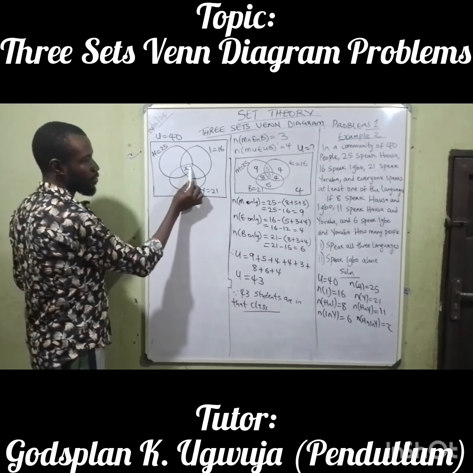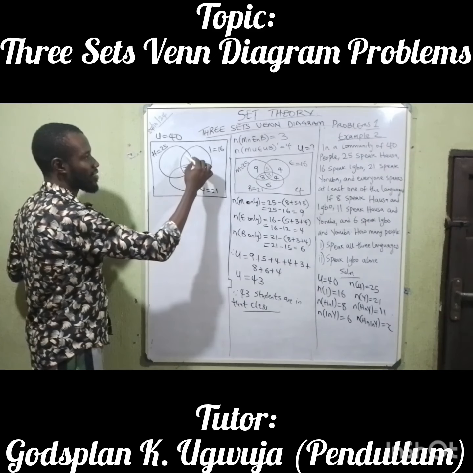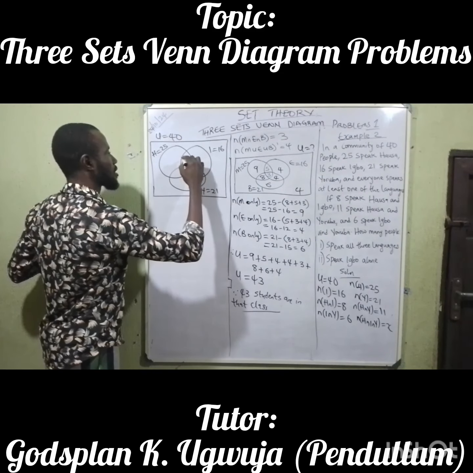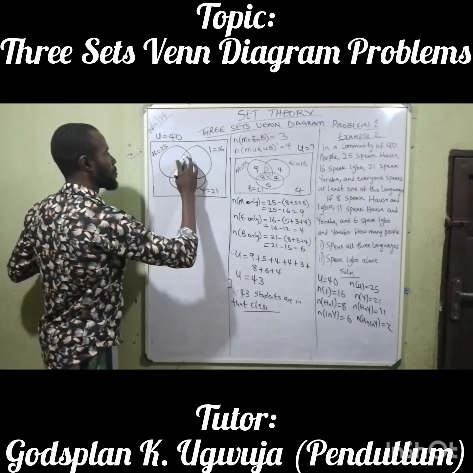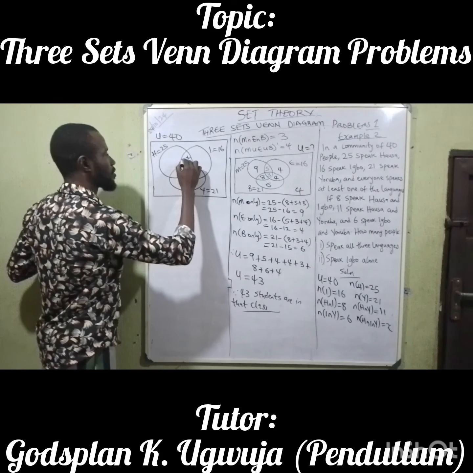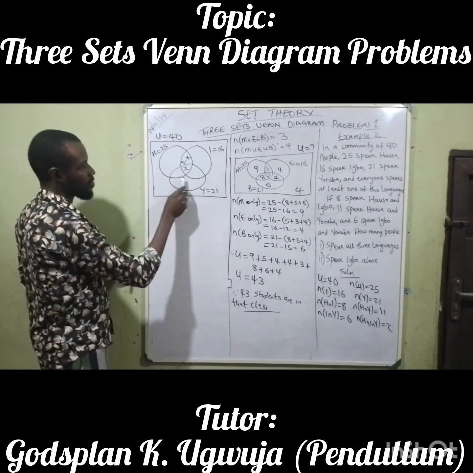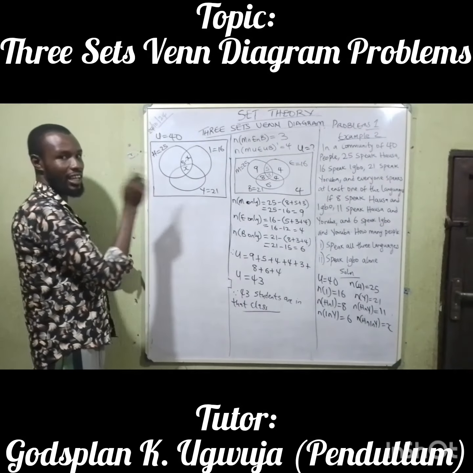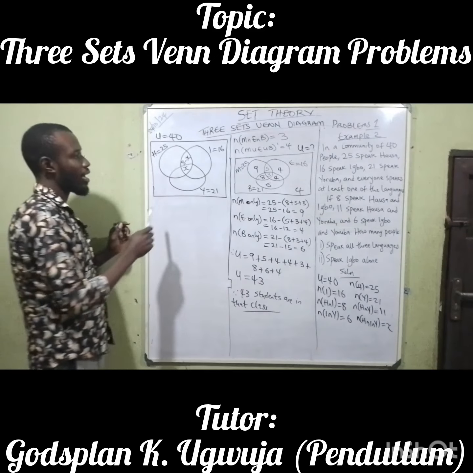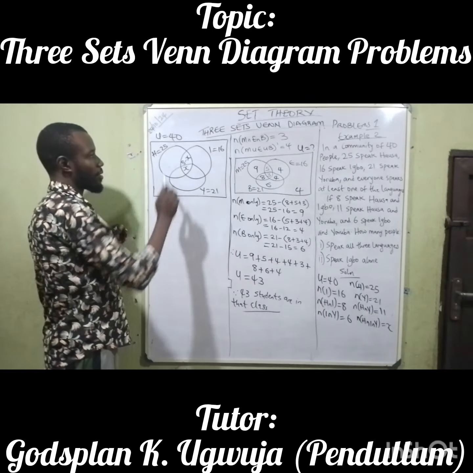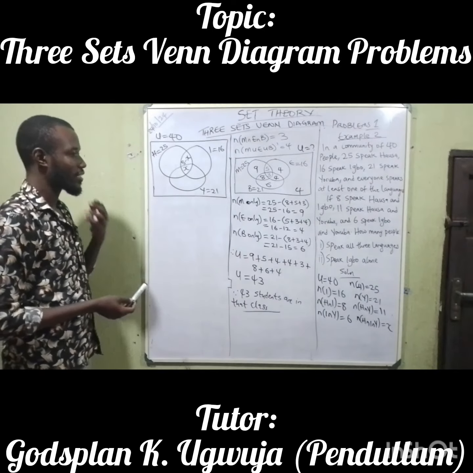But then a part of it here is X. That means this part that remains will be 8 minus X. We'll just remove X from 8 to get this remaining part.